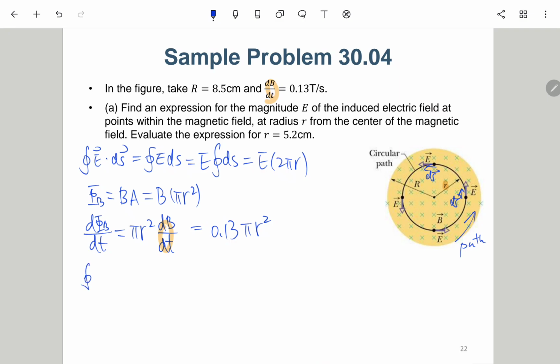So for Faraday's law, the integration of E dot ds equals negative d phi b dt. On the left side is E times 2 pi r, and on the right side is negative 0.13 pi r squared.